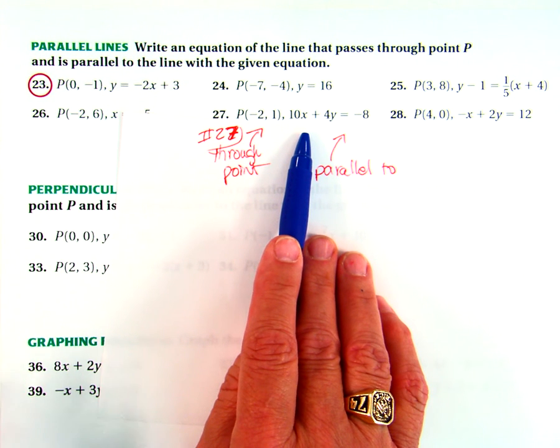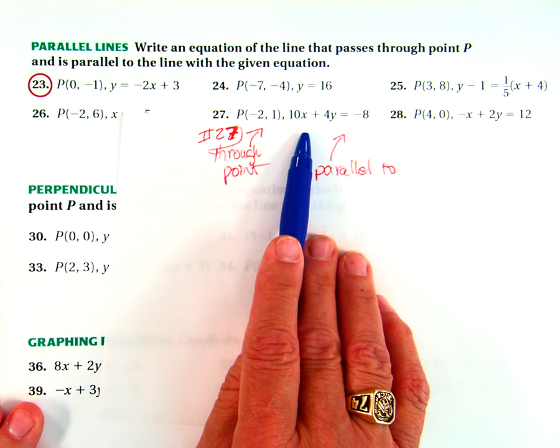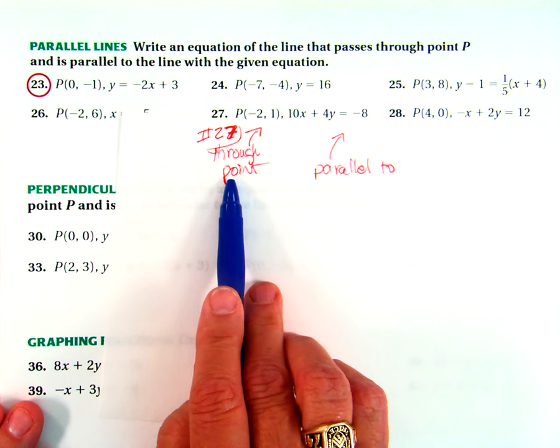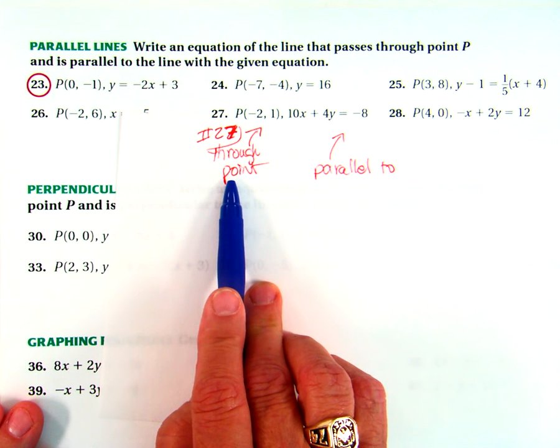What you'll need to do probably is to change it to slope-intercept form. That's probably the easiest way, because then whatever the coefficient of the x term is the slope. Pretty easy way to find the slope. So if you were to change this by isolating y to slope-intercept form, then the coefficient of x, once it's changed, would be the slope, and then you could do it through this point with the point-slope formula.